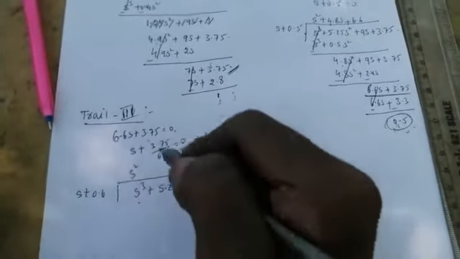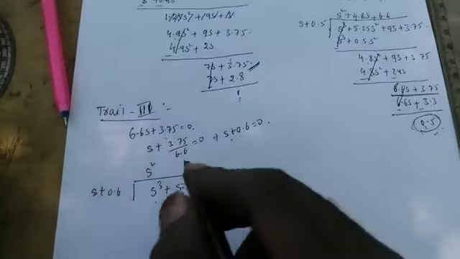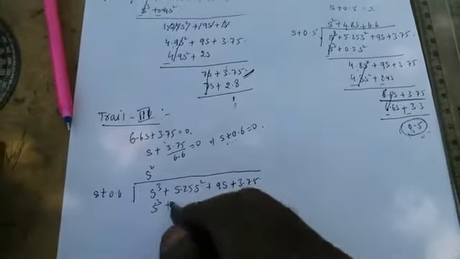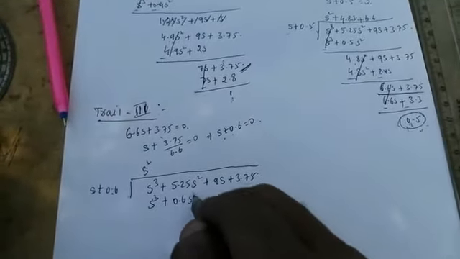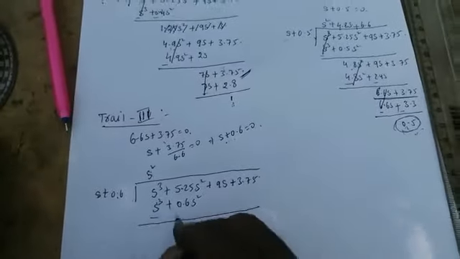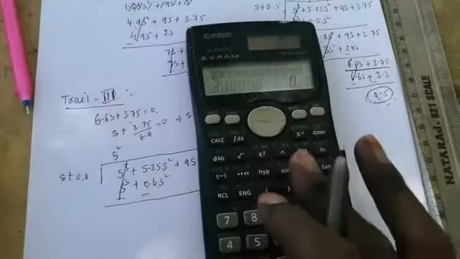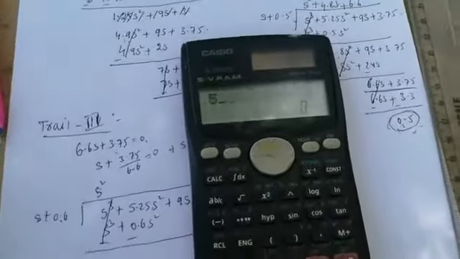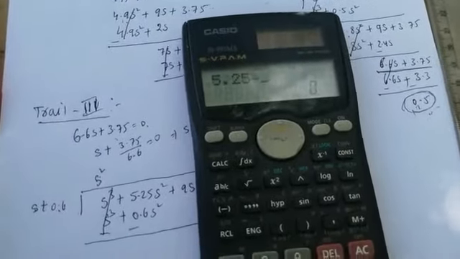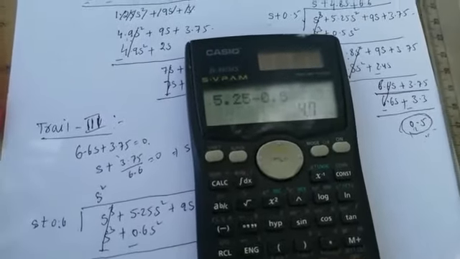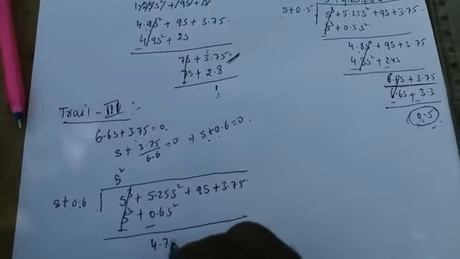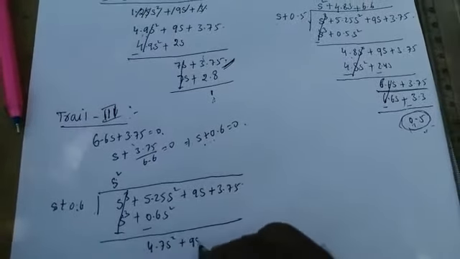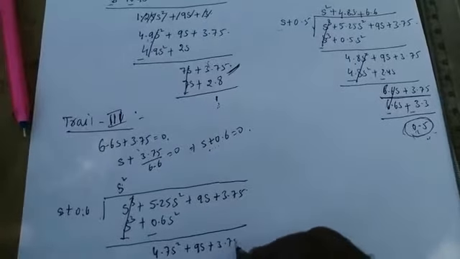By multiplying by s square. s into s square is s cubed, plus 0.6 s square. If you subtract, s cubed will get cancelled. 5.25 minus 0.6, 4.65 s square plus 9s plus 3.75.